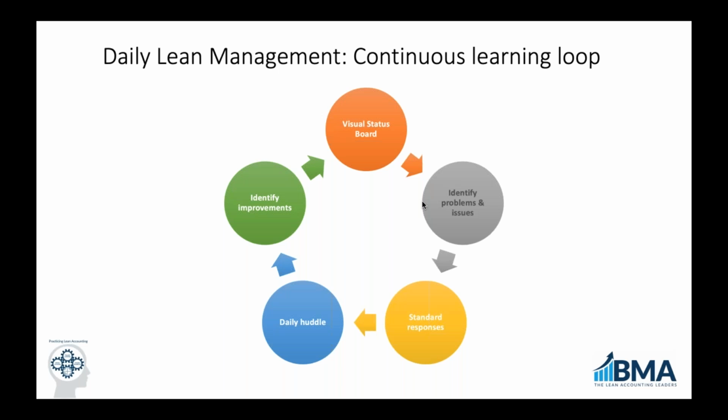Secondly, it's easier to understand root causes. So that's really the idea behind daily lean management. Accounting processes are pretty much invisible. They're done in systems on computers. So we're trying to make the invisible visible through daily lean management.